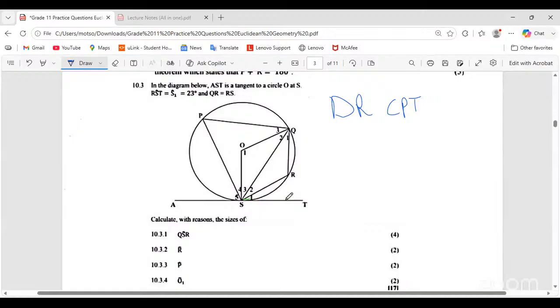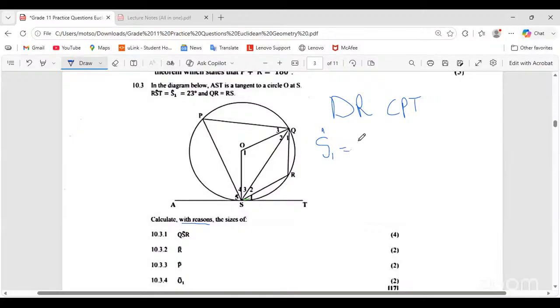This is a beautiful question. Now, with reasons. Always in Euclidean geometry, you put the statement and accompany it with a valid mathematical reason. So let's go. Angle S1 is equal to Q1.